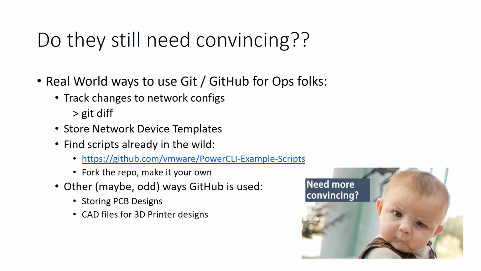Adafruit, some of the other folks like that who sell Arduinos and Raspberry Pis, some of the open source hardware devices that are out there, those folks are actually posting those PCB designs, firmware, CAD files for 3D printer designs, et cetera. They're using GitHub for those sorts of things too. So it's not just being used as a code repository; it's being used for a repository and version control for other things, which is pretty neat.